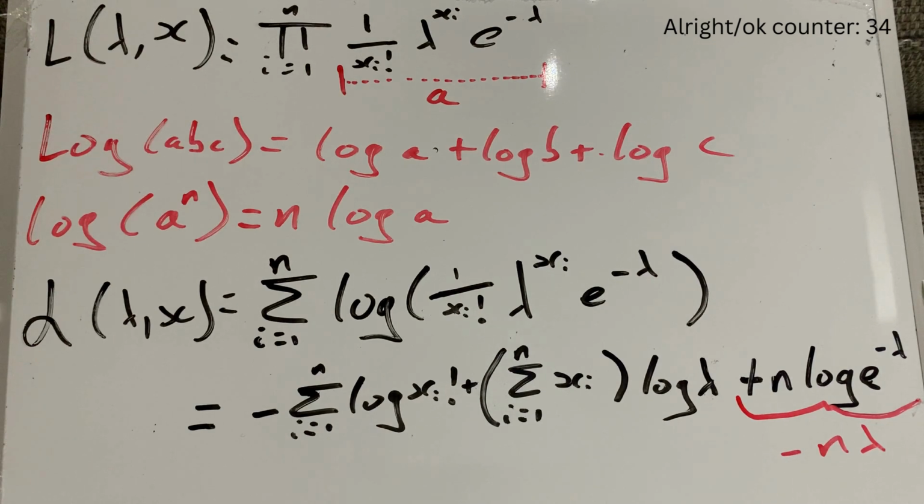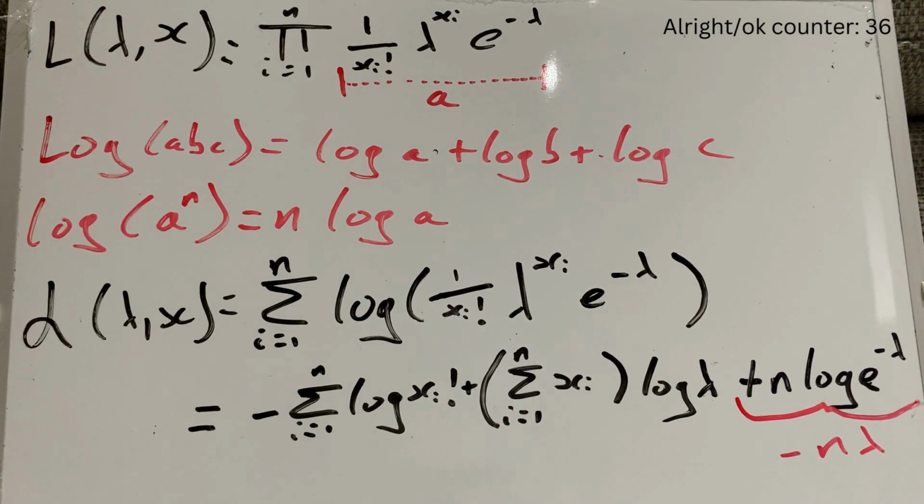Instead of taking the product, when we take the log, it's going to give us the sum. So we have the sum of log of 1 over xi factorial, lambda to the xi, e to the minus lambda.